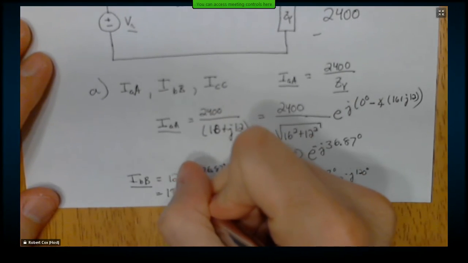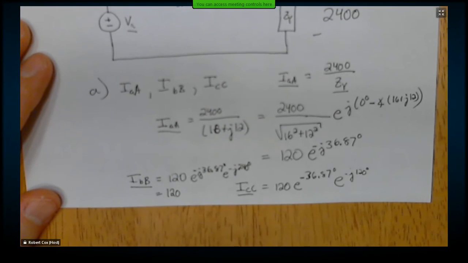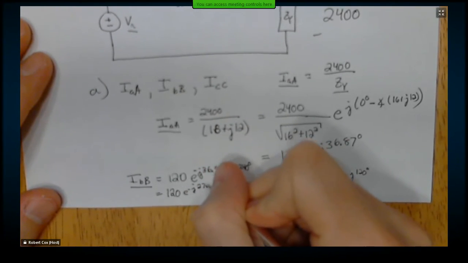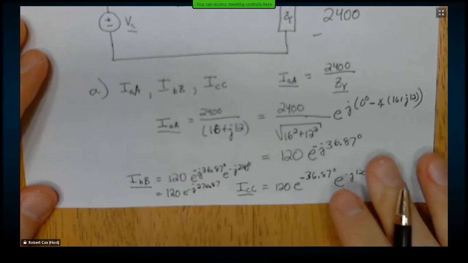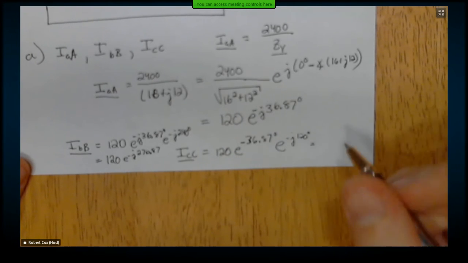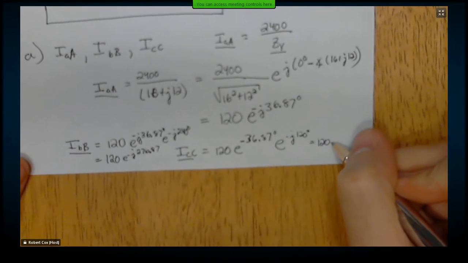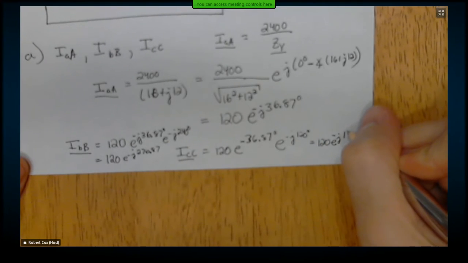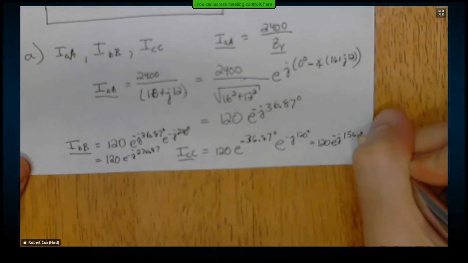All right, so let's see what that gives us in each of these cases. For this guy, I get 120, and I do minus 36.87 minus 240. All right, that gives me e to the minus j 276.87. Okay. And for this one, it gives me 120 with an angle of negative 156.87.